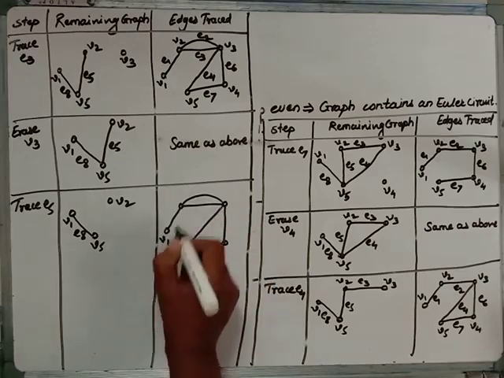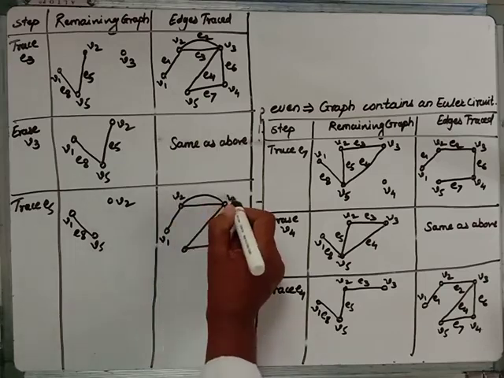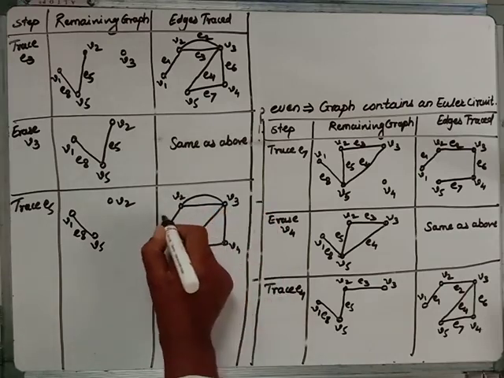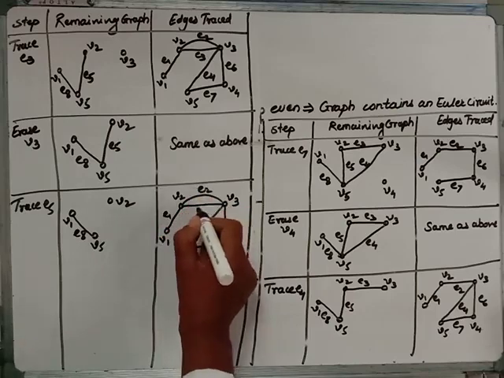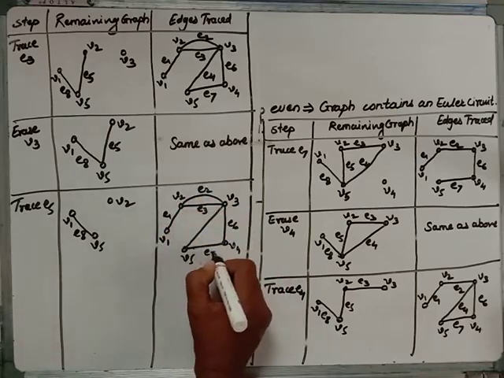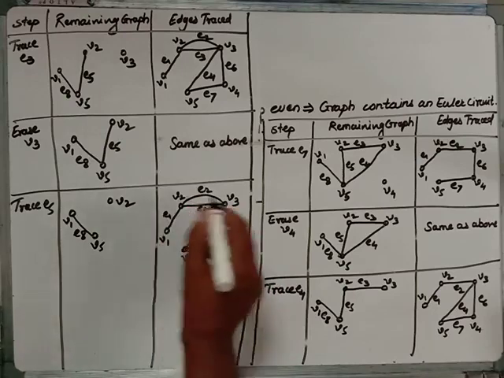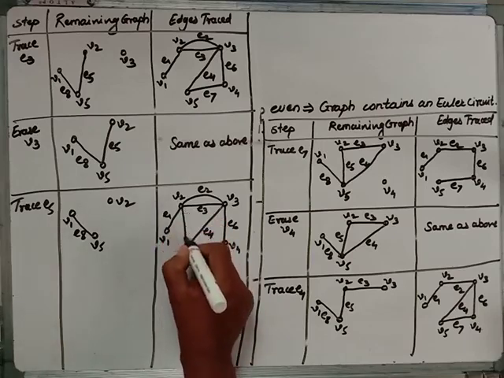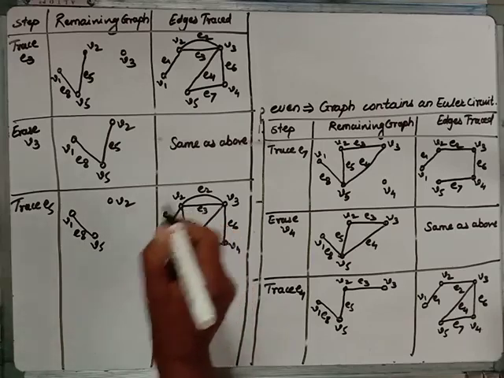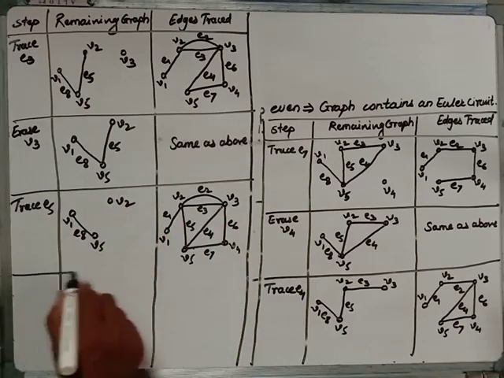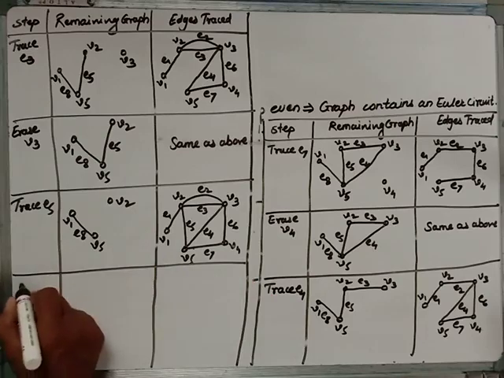This is the previous part, right? V4, V5, V1, E2, E3, E6, E7, E4. You know how we go, right? Now E5 is there, between V2 and V5. Now V2 is isolated, so let us erase it.